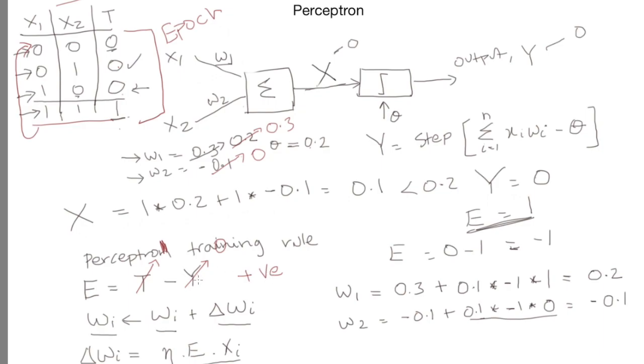For the neuron to produce the expected output, what we need to do is to increase the weights. So you can see here, when the error is positive, the change in weight is also positive.